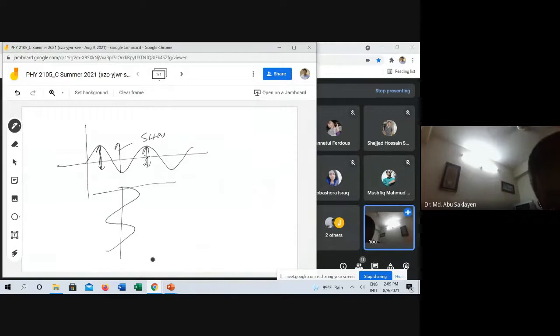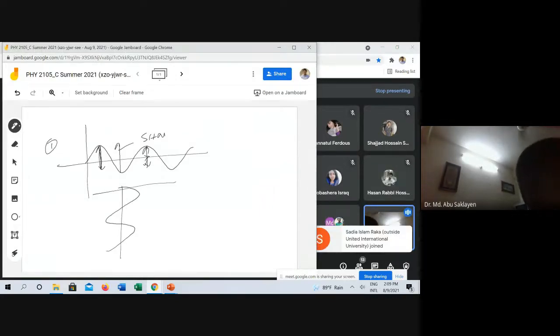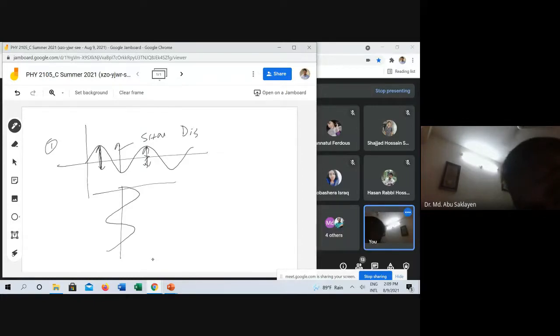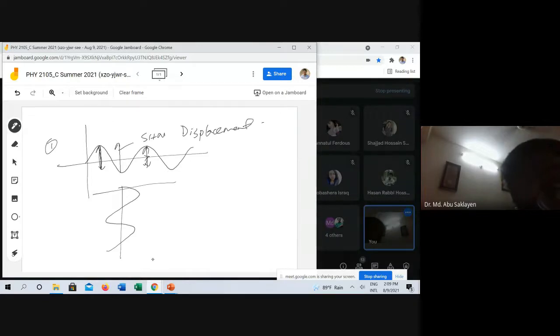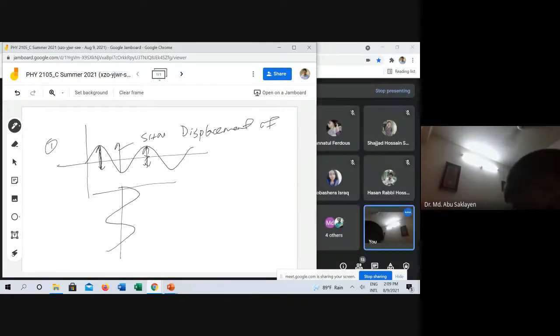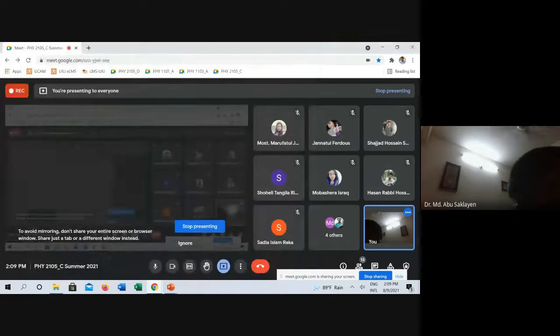So that means the first case, displacement of the particle along y-axis. Particle means whose particle?